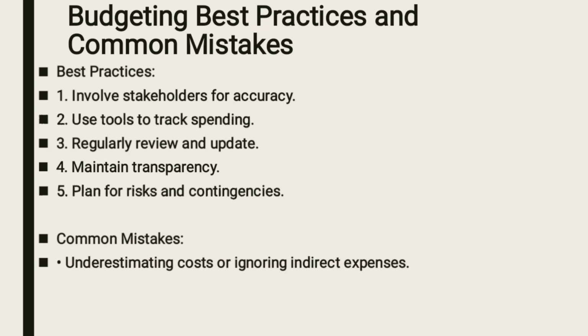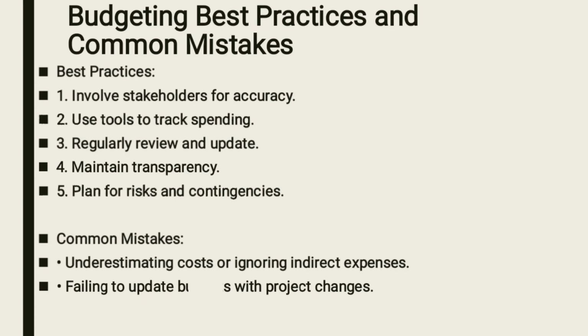Let's talk about common mistakes. Underestimating costs or ignoring indirect expenses. On this one, you do not give the exact amount that is supposed to be given to specific tasks, or you ignore indirect costs. For example, buying stationery for your project, those indirect costs, you try to ignore them.